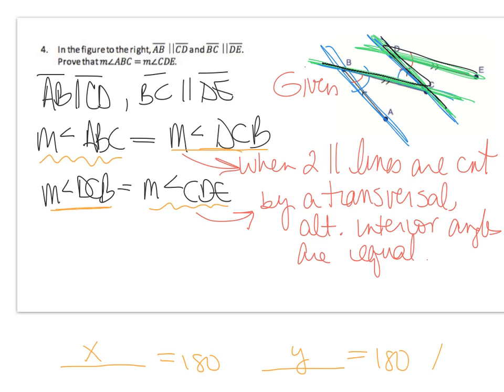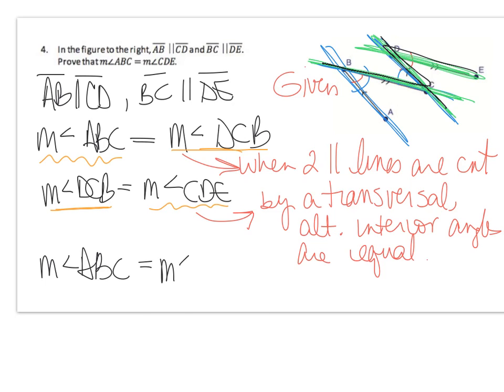We can substitute and say x is equal to y. So let's write that down. The measure of angle ABC is equal to the measure of angle CDE because of the substitution property of equality. Good job.